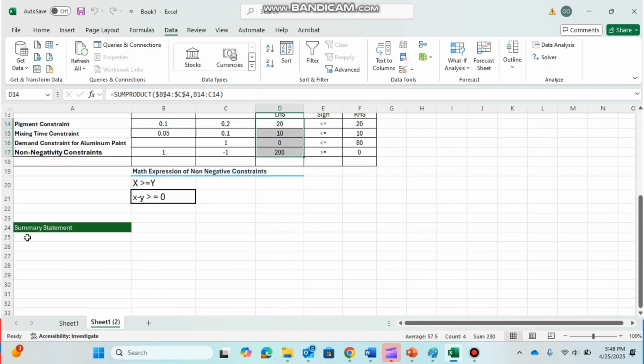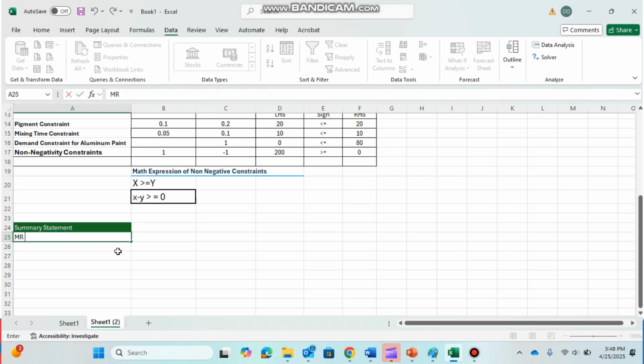So we can just come and write a summary report statement and say: Mr. Fernandez needs to produce 200 water-based paint and 0 aluminium paint to maximize profit of $1,000.